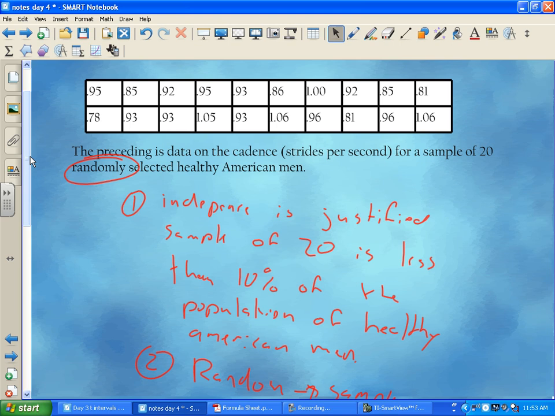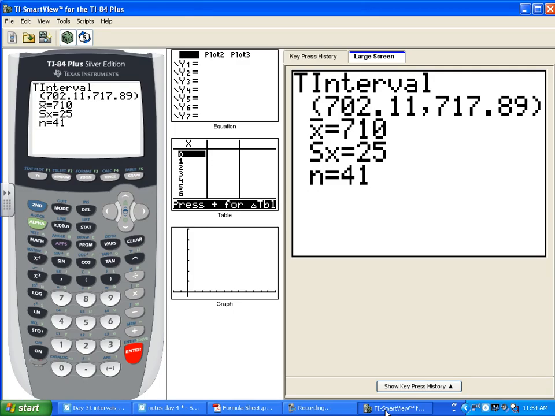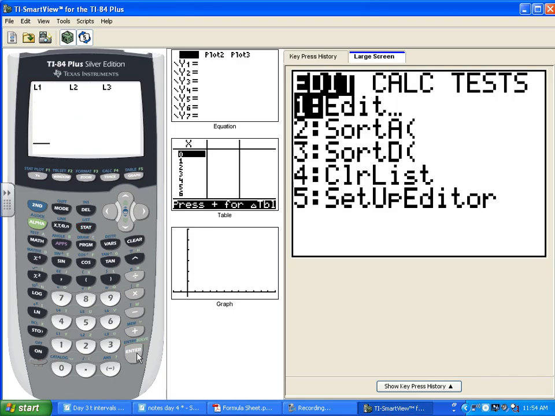I'm just going to go to my calculator because I don't have time to put it in. 0.95. 1. 0.92.